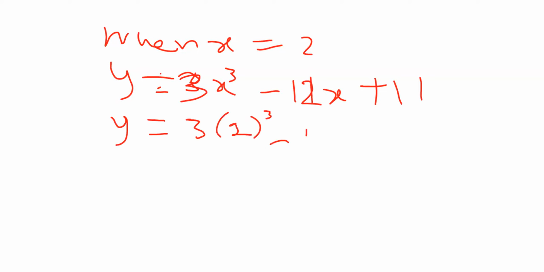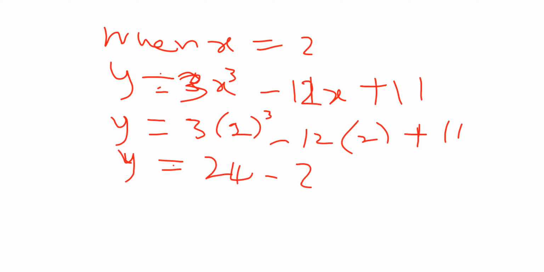Yeah, for x equals 2, so y is equal to, this is 8. That's 24, yes, it's minus 24 plus 11. Plus 11. Are you sure that's correct? Wait, though, that answer is not correct.